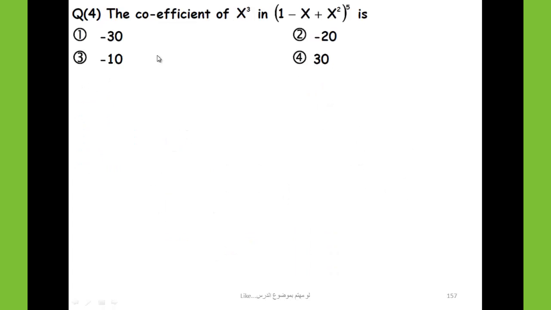Question 4. The coefficient of x power 3 in (1 minus x plus x squared) power 5 is negative 30, negative 20, negative 10, or 30. So the required is the coefficient of x power 3.